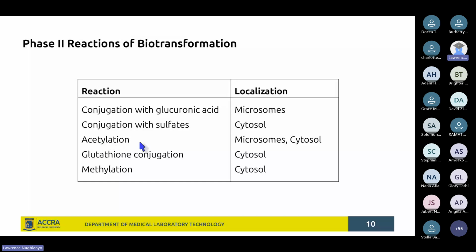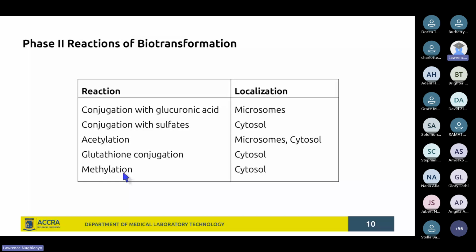Glutathione conjugation. I think we talked about glutathione, maybe not in your class, because we didn't do metabolism of carbohydrates looking at the pentose phosphate pathway. But I think you must have done it in first year, because it's in first year you did those metabolic pathways. Then methylation.